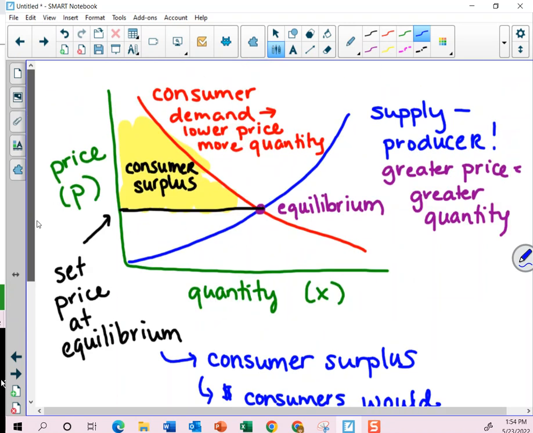We usually calculate this entire space. There are other ways to break it up as well. This has lots of layers to it, but for our purposes, this area calculation as consumer surplus is something we can do. This side, if we wanted to talk about it, is called producer surplus.